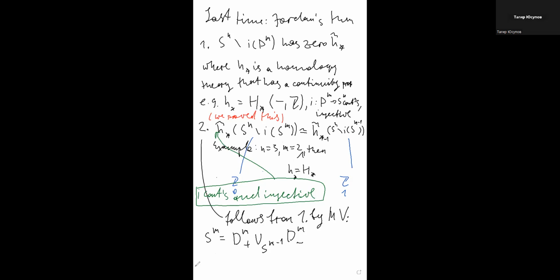So as a consequence, Sn minus the union is the intersection of the complements of the individual disks.